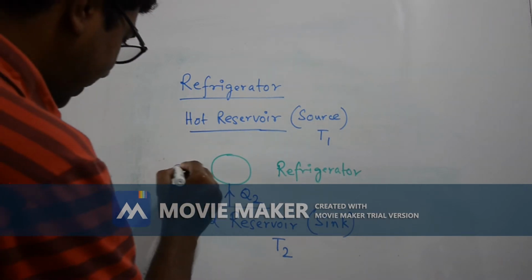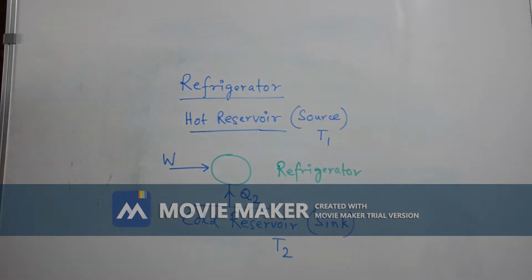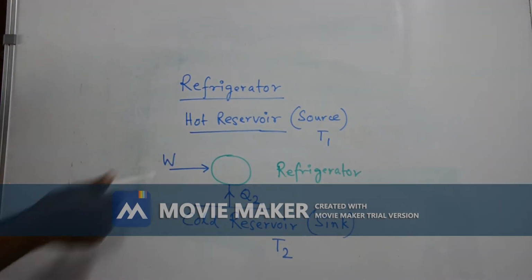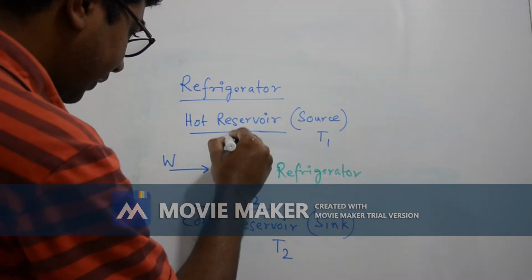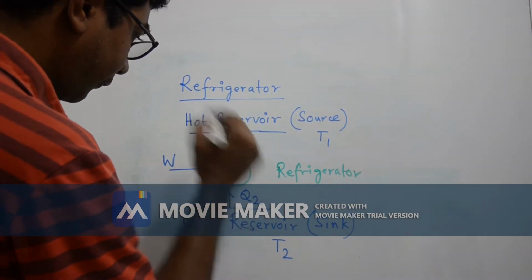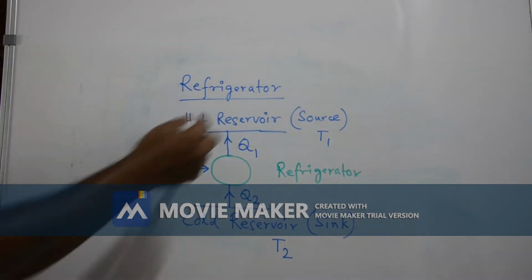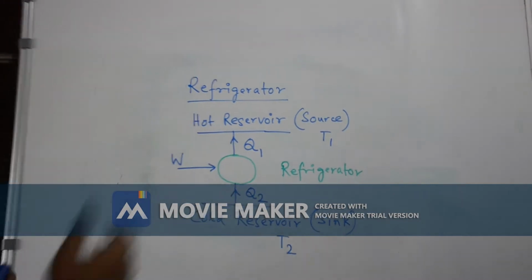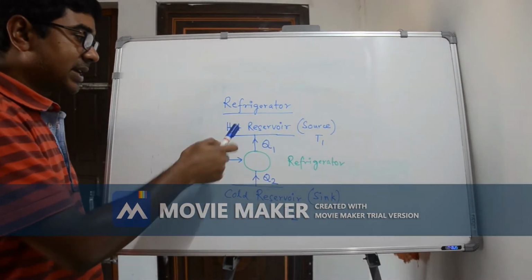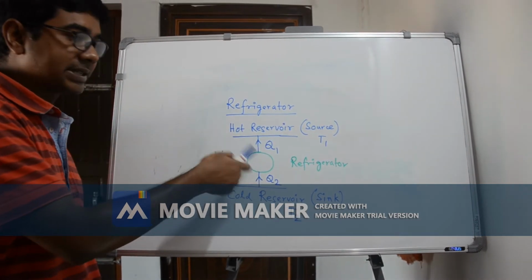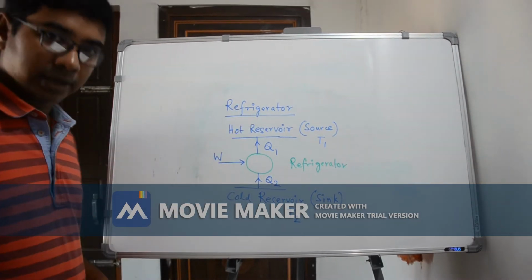But then some amount of work needs to be done on the refrigerator, because it can't work without any external work. And then the total amount of heat Q1 it gives away to the hot reservoir. In normal household cases, the whole environment or air works as the hot reservoir, because the heat is being emitted or radiated into the environment.